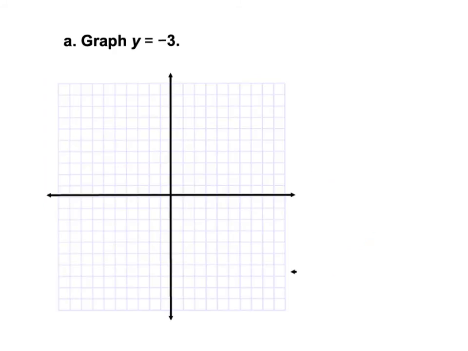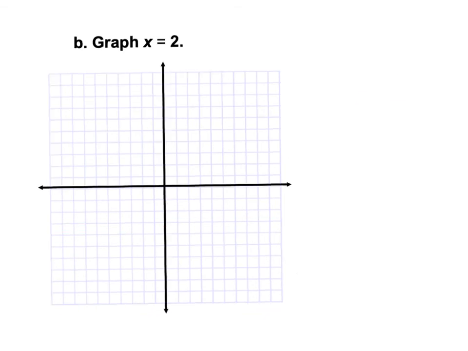So y equals -3. There is no x, so we're going to go down 3. Here it is, and draw a horizontal line. Same way the other way. There is no y, so x is +2, and then we draw a vertical line going through that point.